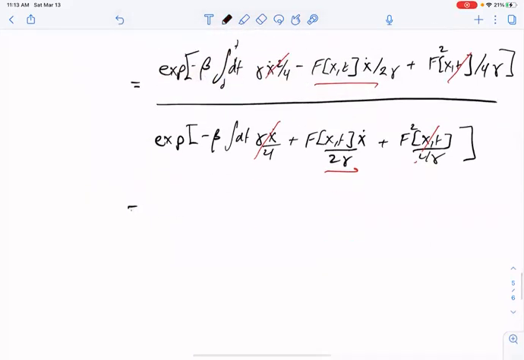Flipping the sign by bringing it up in the numerator, I get an exponential of minus beta. Now they add, the 1/2s cancel. Sorry, those gammas should have gone away.